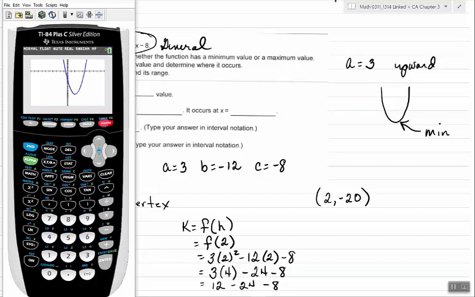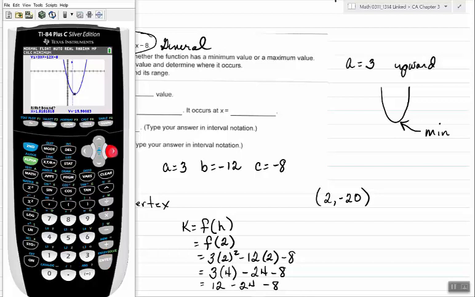There we go. I need the coordinates of that point. I can find that using the calc feature. Second, calc. It is a minimum, so I will choose number 3. I need to get close, but on the left side of the minimum. It says left bound, left side. Press enter.